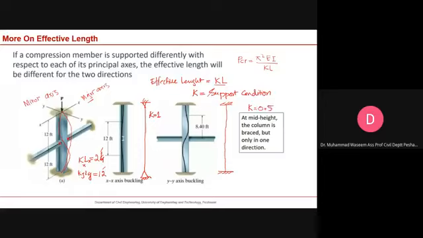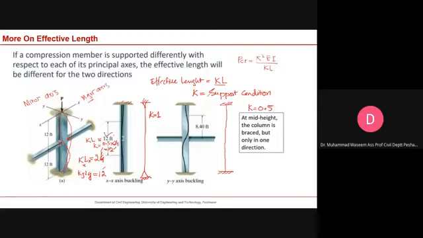So you can see that about the x-axis buckling, the KL value is 12, but the total length is actually 24 feet. This is actually KL, and the K value in this case is 0.5. If you multiply 0.5 with 24 feet, you will get 12 feet.